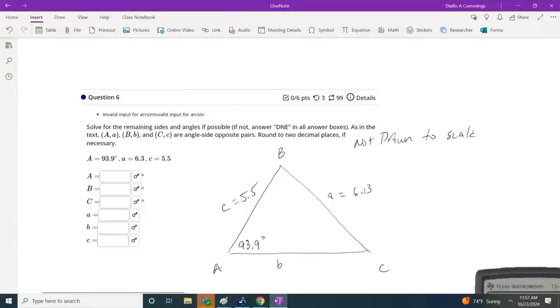The first thing you have to determine is what case are you dealing with? As I look at this, I'm given a side length, an angle measure, and an included side. This is actually the side angle side set of measurements.